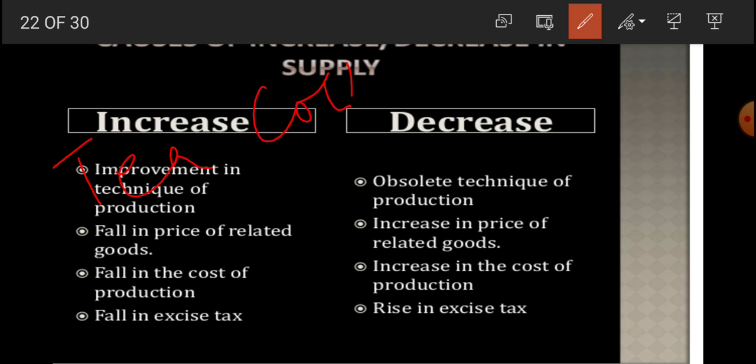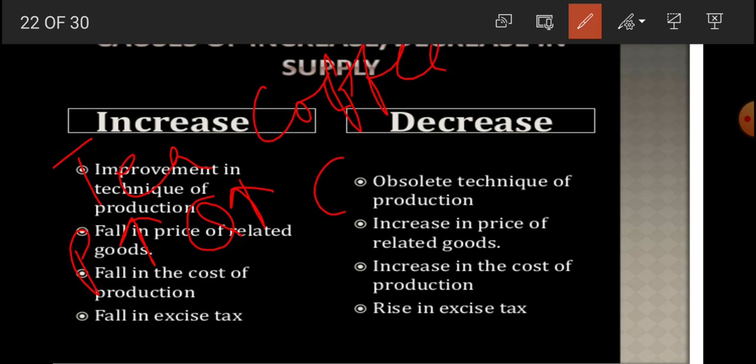Now, if the price of tea increases, the seller will offer more of tea for sale and less of coffee for sale. So whenever there is increase in price of a substitute good, the supply of the related good decreases. This is the case of decrease in supply.